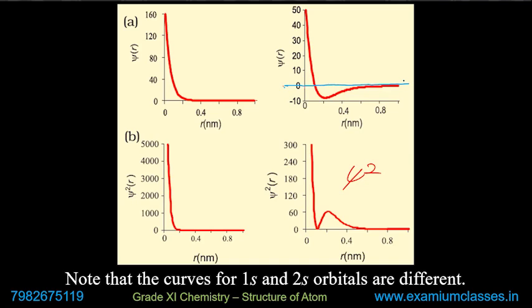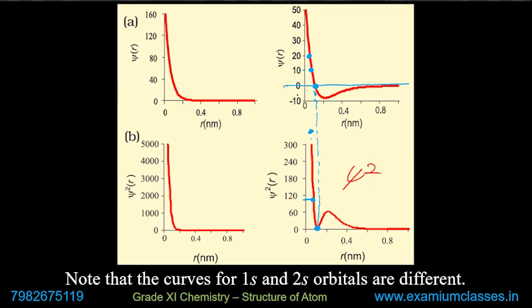Now understand what I am saying. If this is 10, the square of this will be 100. If this is 20, the psi square of this will be 400, somewhere here. But the square of zero will be zero. That is, it will come down at this position. The square will be zero.